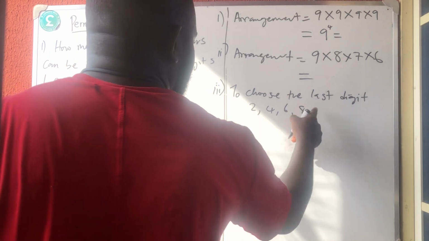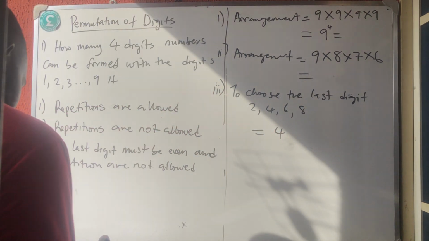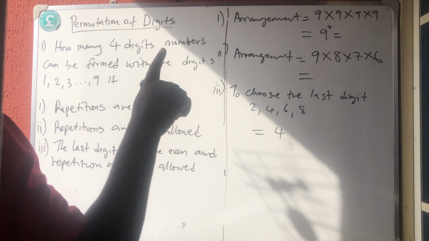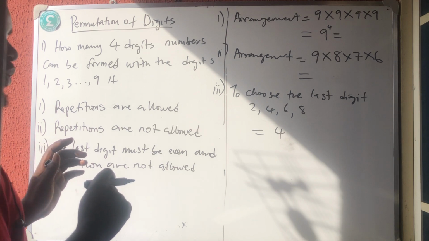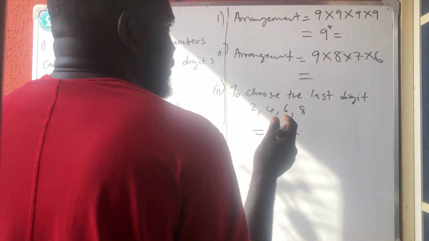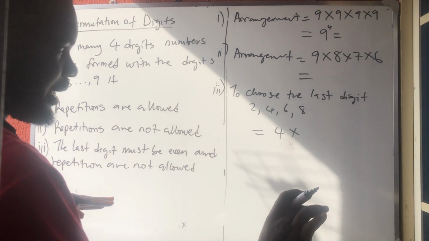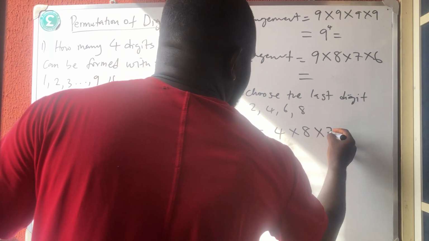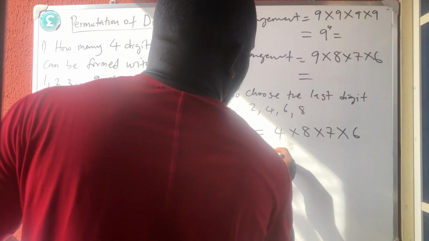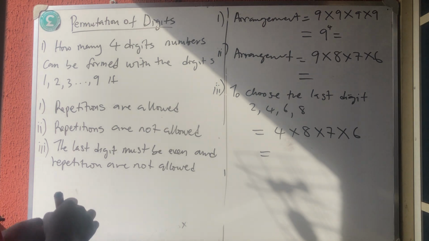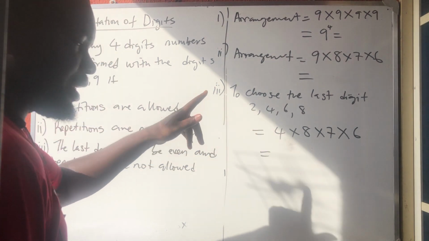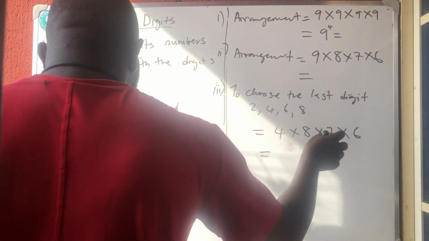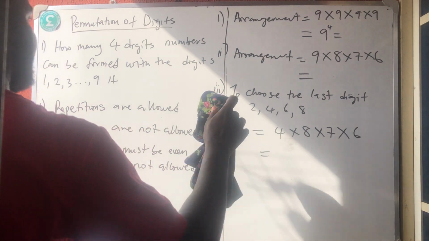So to choose the last digit, I can only use 4 numbers. Now, times, to choose the first digit, since I've removed 1 from the last digit, I have 8 remaining. I've removed another 1, I have 7 remaining. I've removed another one, I have 6 remaining. I decided to choose the last digit first because that is where there is a condition. So this is for the last digit, then first, second, and third digit. So multiply it and then that is your answer.